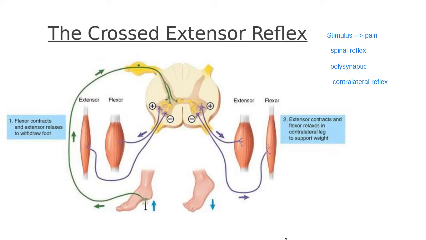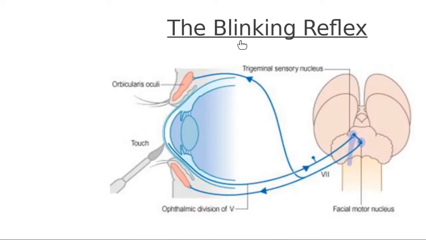Let's mention when we look at the blinking reflex, this one was my one example of which kind of reflex? What does this part of my picture show me? Yeah, the blinking reflex is my one example of a cranial reflex.